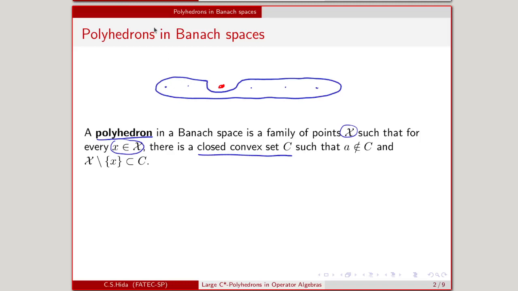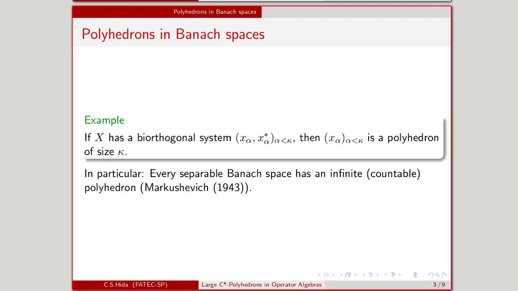To give you an example of these objects: if you take a Banach space which has a biorthogonal system of size kappa, then the support points of the biorthogonal system give a polyhedron of the same size.